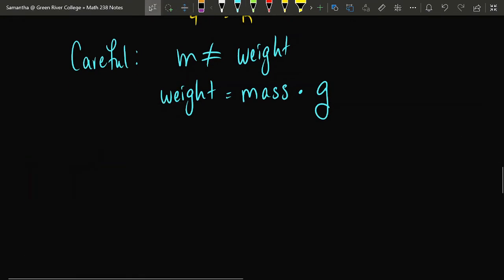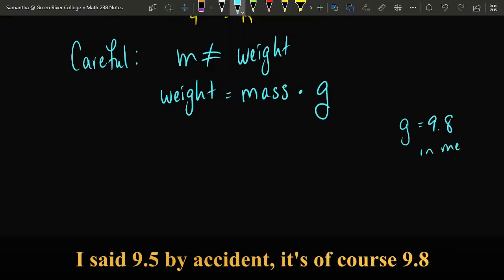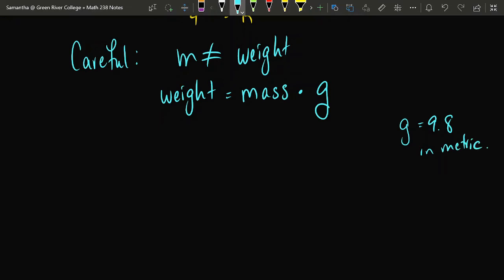Now g has different values depending on the units that you're using. If you're working in metric units, the value of g is about 9.8. But in the imperial units of this problem, the value of g is 32.